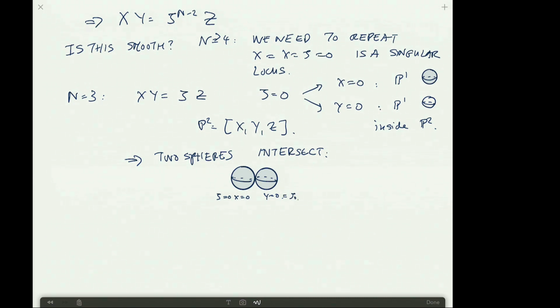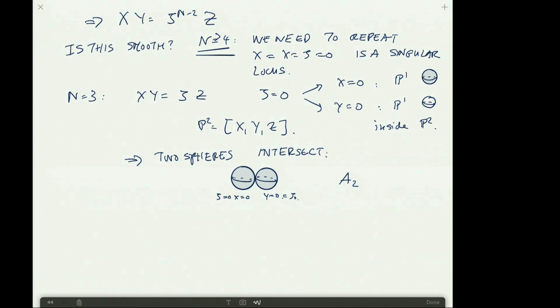Okay, so this is actually the Dynkin diagram for A2. And if we had done this process for n larger than 4, we would have kept going, and in each of these steps you would have seen new spheres appear in this way.